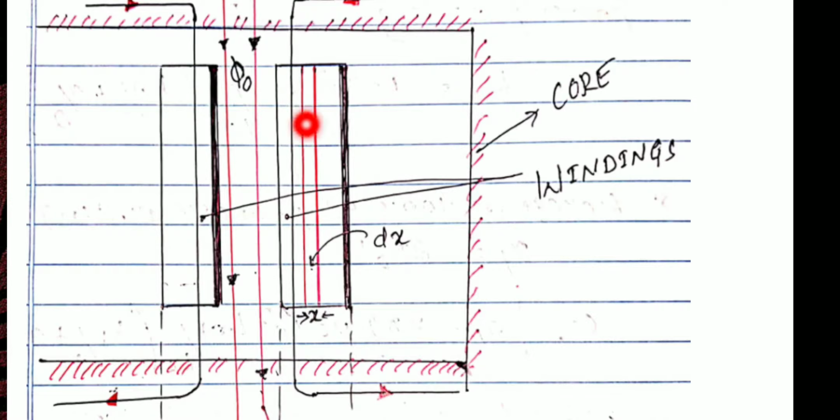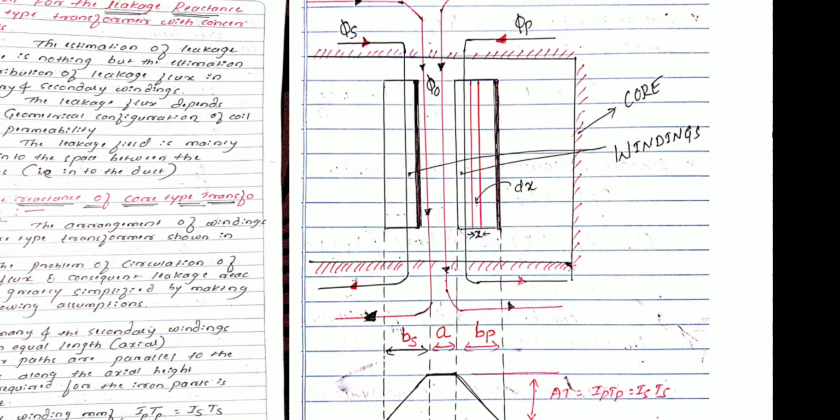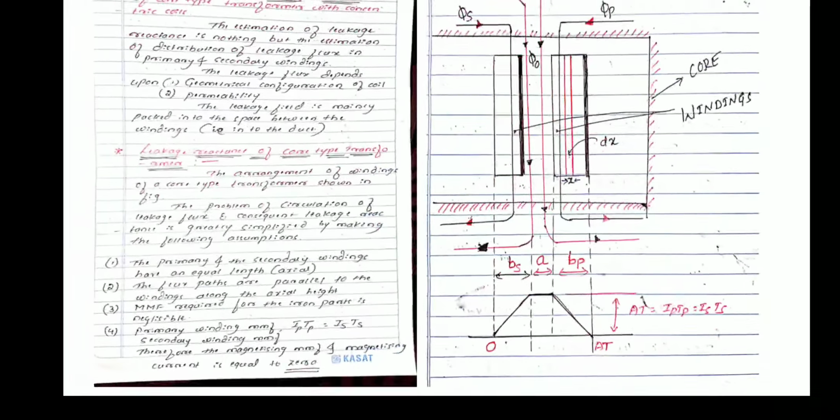So this strip of the primary winding I have taken is at a distance x from the edge of the primary winding, and it has a width of dx.